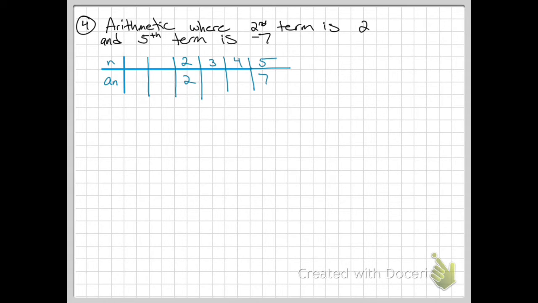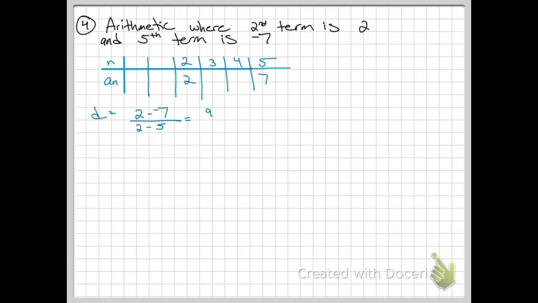So we can find the slope, d, or difference, or m if you want to call it slope. If we take the y's, 2, and we subtract them, -7, so minus -7, and then we take the n's in the same order, so second term minus fifth term.